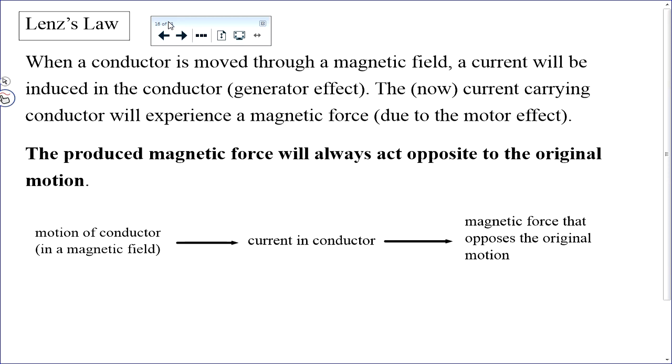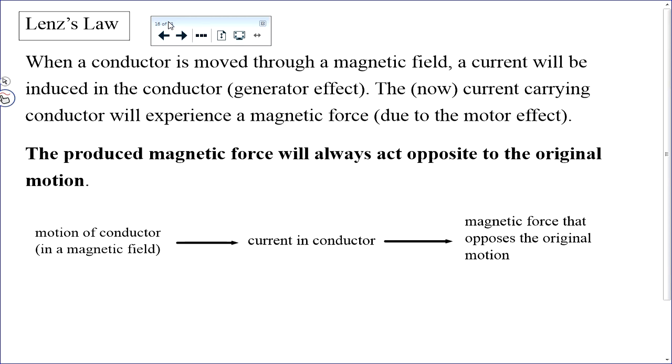The wire is not carrying a current because it was connected to a battery, though. The wire in the magnetic field is carrying a current because you're moving the wire, creating a current. But a current-carrying wire in a magnetic field will experience a magnetic force.